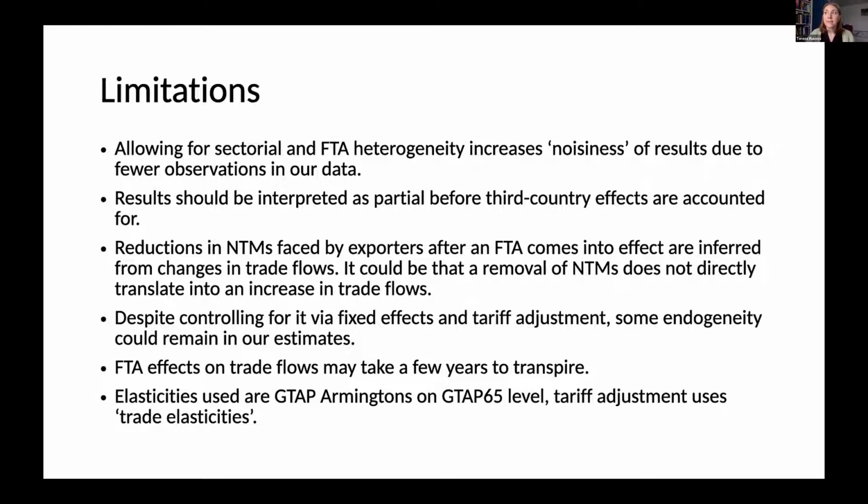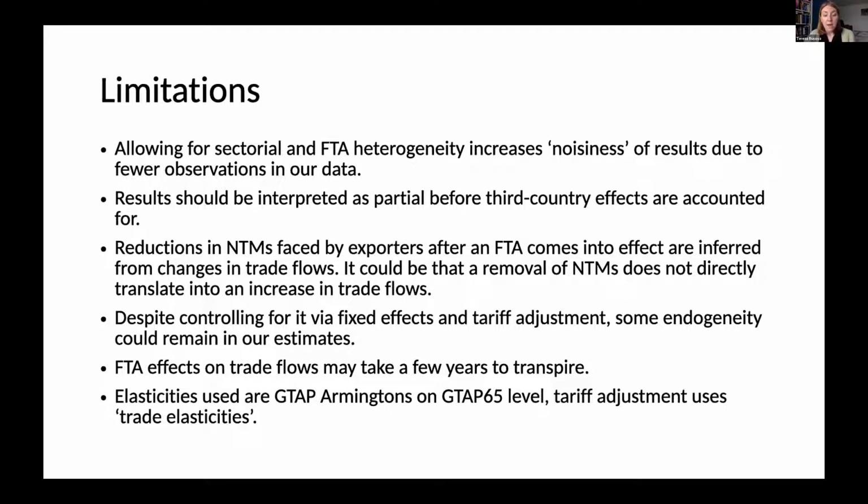And it could be that some increase in trade flow that we would expect doesn't happen. Perhaps exporters, even though it's cheaper for them to export, decide not to and use the money another way, for example.